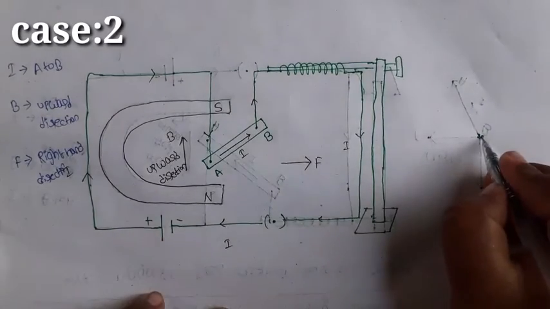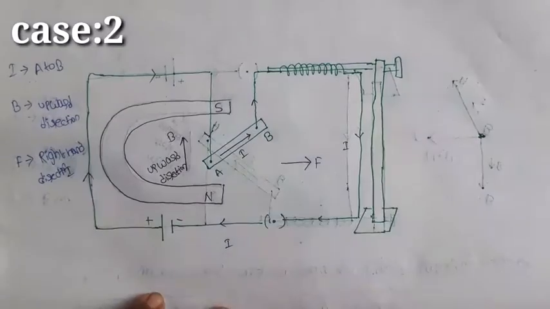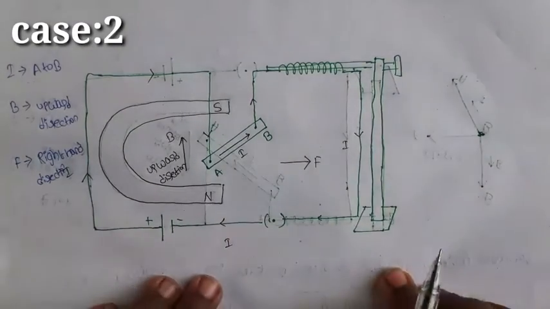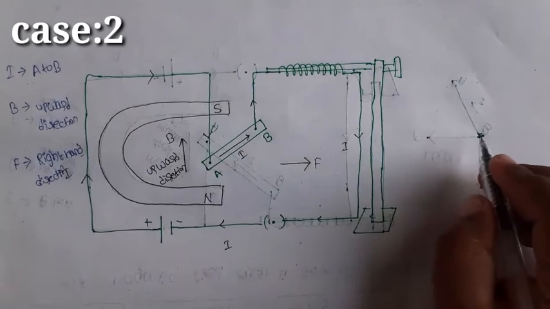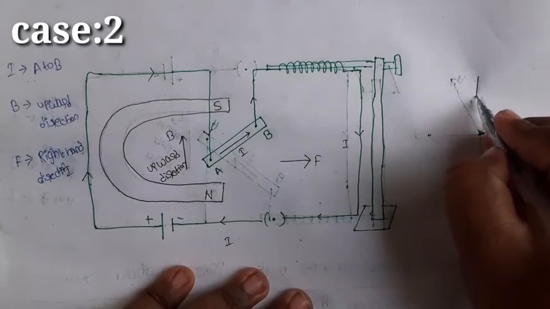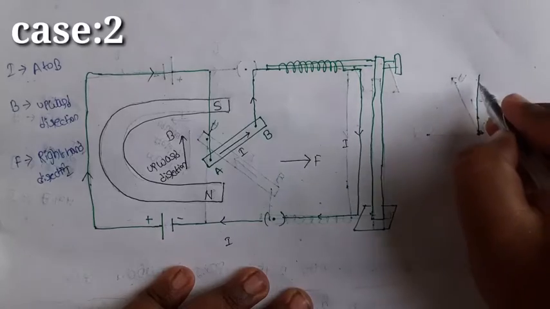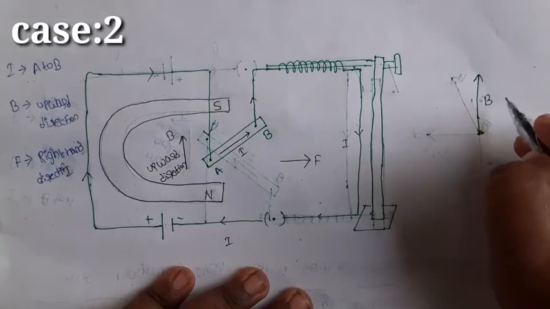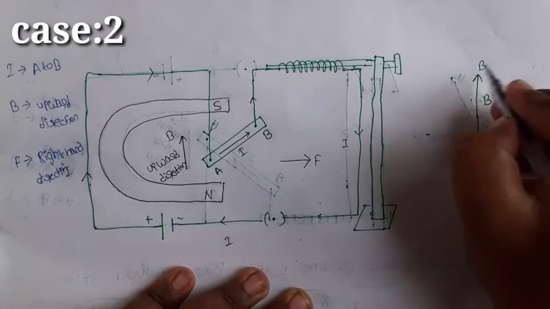This is a point of the conductor. Here the magnetic field is acting in the upward direction. This is the direction of the magnetic field. Okay.